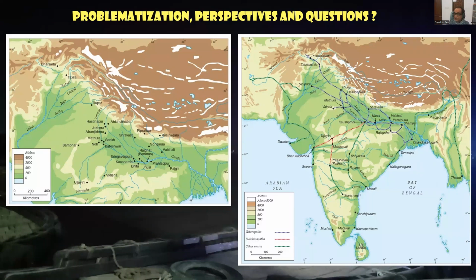I am not sure whether the excavation reports depict similar types of features and material culture which may corroborate the textual description of urban life or urban cities. That is a big issue.